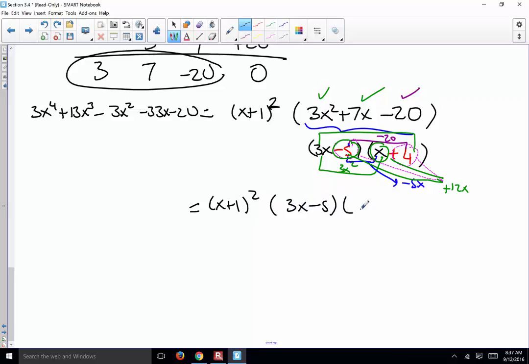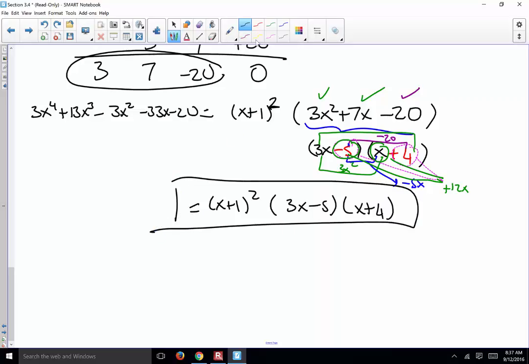And this is it. We not only found zeros, we also found a full factorization of it. But we need to dig out the zeros now. What are the zeros? x equals the opposite number. Set this equal to 0 and solve: x equals minus 1. And this one, take 5 to the other side, divide by 3.